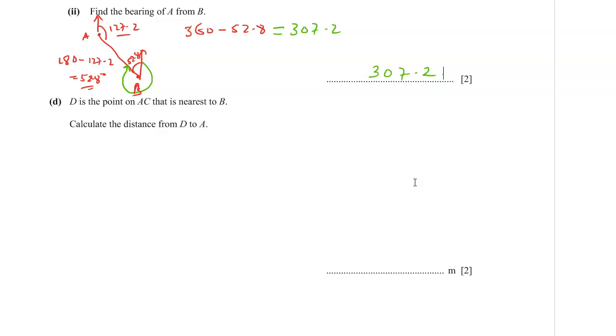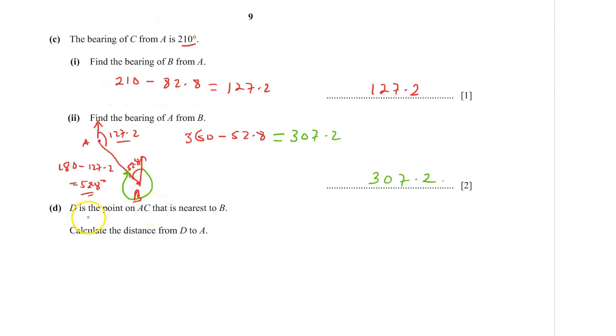D is a point on AC that is nearest to B. Calculate the distance from D to A. So nearest means shortest distance from D to A, and it is supposed to be perpendicular.